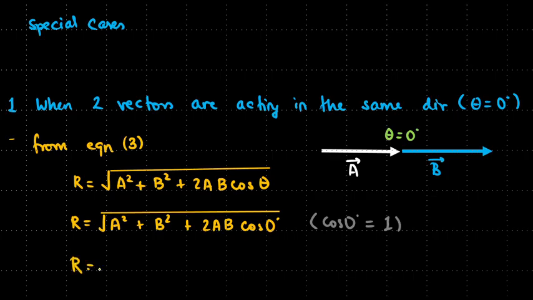So the square root of a square plus b square plus 2ab. If I were you, I just saw a very recognizable formula, which is a plus b whole squared. So let's just write that. R equals the square root of a plus b whole squared.